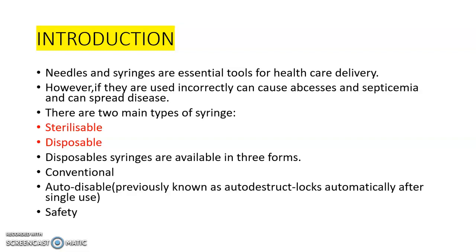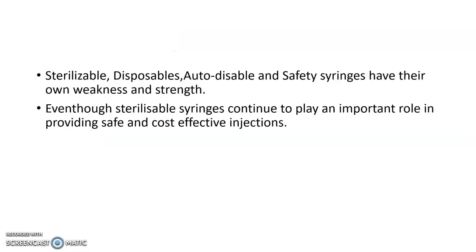Auto-disable, previously known as auto-destruct, locks automatically after a single use. Sterilizable syringes are commonly used in remote areas where they can't afford the cost of disposable syringes. They continue to play an important role in providing safe and cost-effective injections.